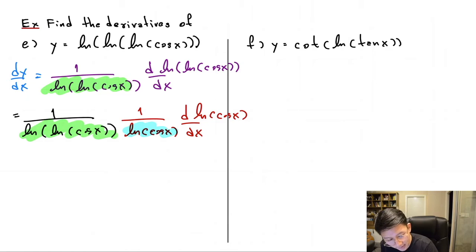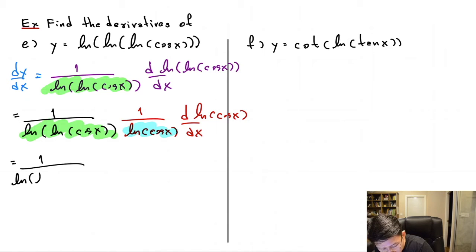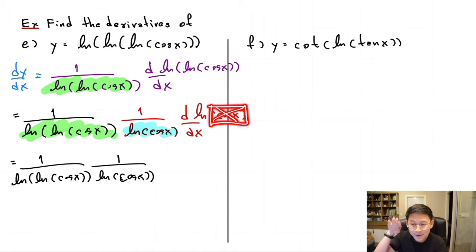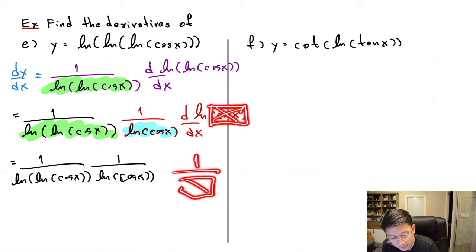Okay. And next, we have 1 divided by log of cos x. And then guys, again, we look at this as a big X. See, we keep doing that. Log of big X. So it's going to be 1 over big X d big X by dx.